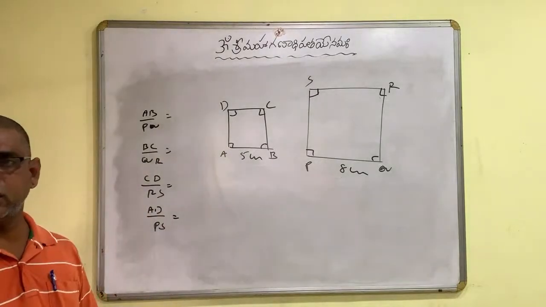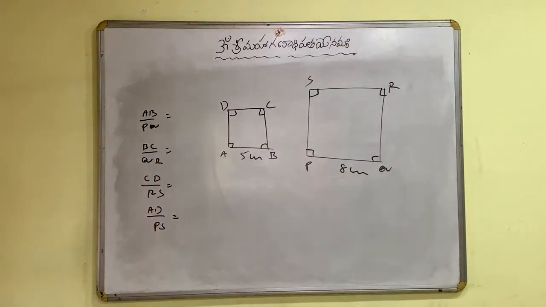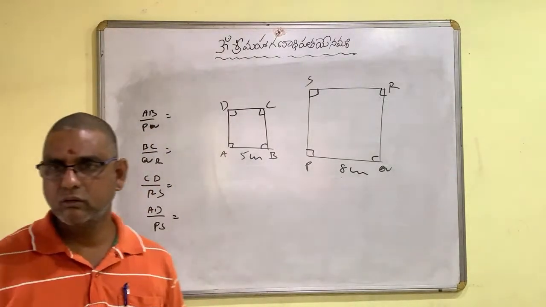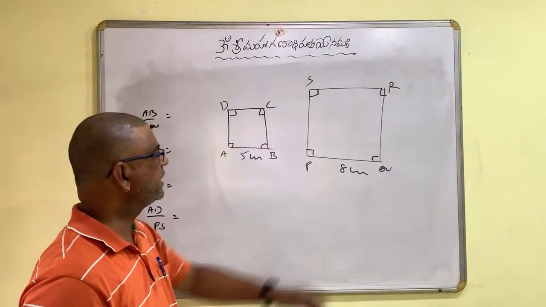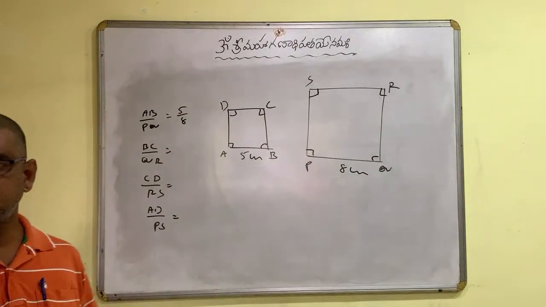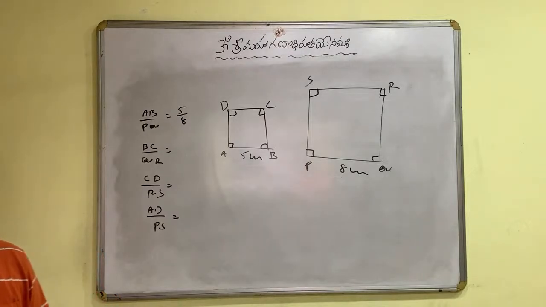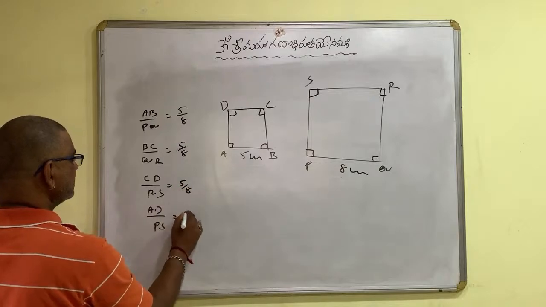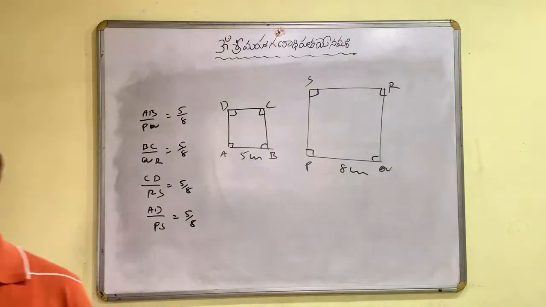What is AB by PQ? 5 by 8, because AB is 5 centimeters, PQ is 8 centimeters. AB by PQ is 5 by 8. BC by QR? BC by QR is 5 by 8 only. This is also 5 by 8. This is also 5 by 8.